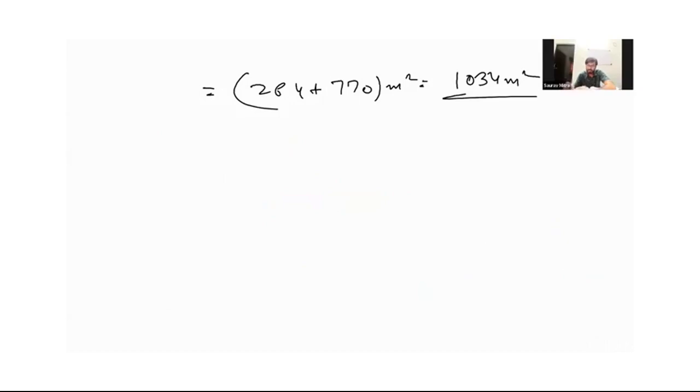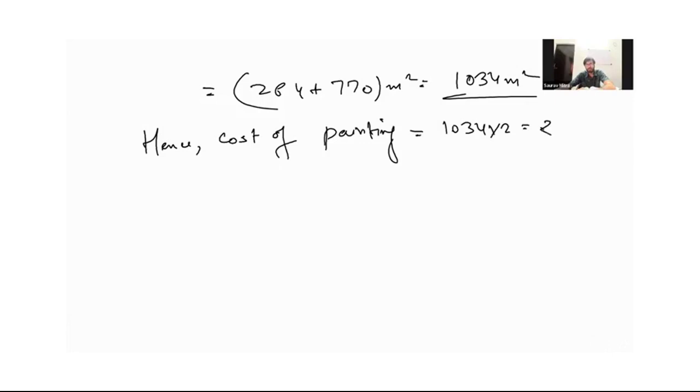Now what are they asking? They are asking for the final cost for the whole painting. So the cost of painting would turn out to be 1034 into 2, that is 2068 rupees.